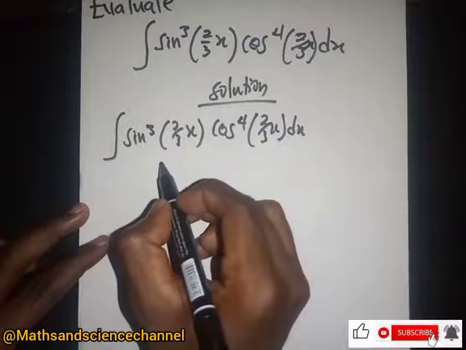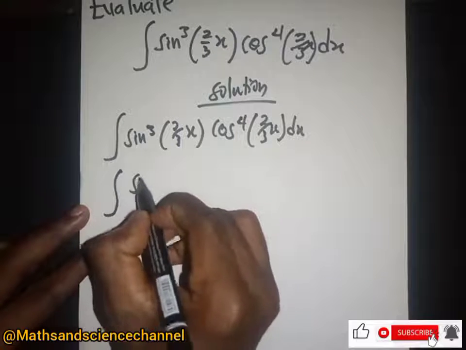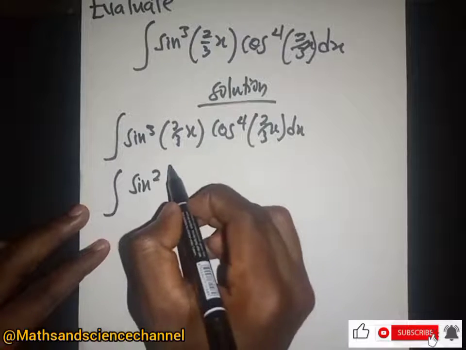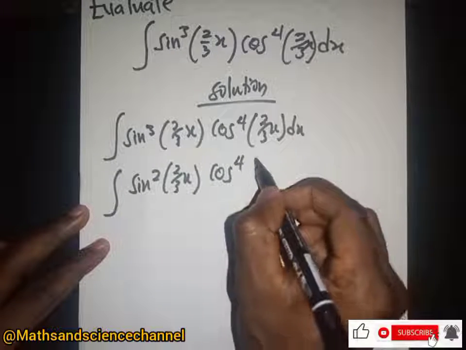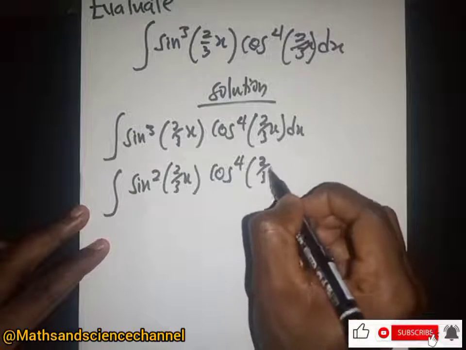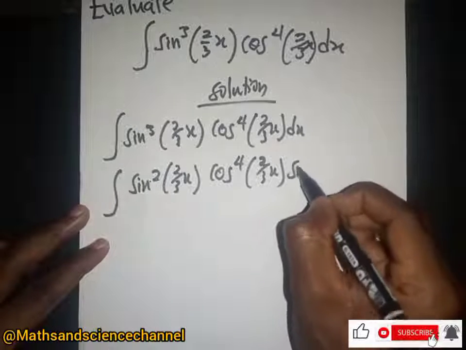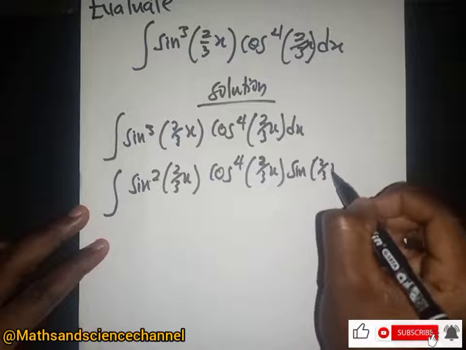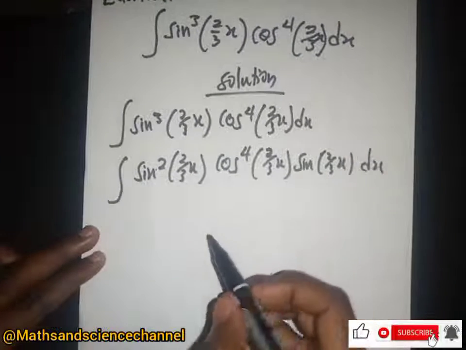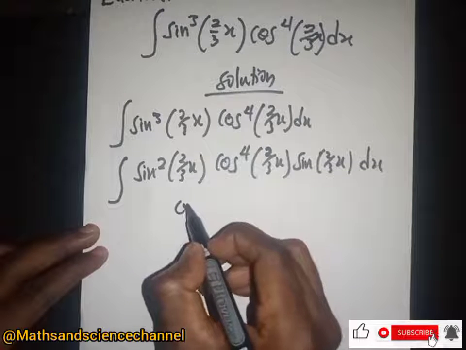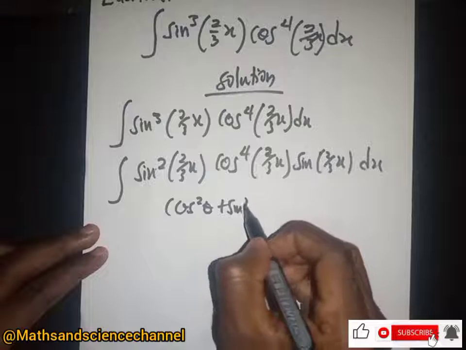When we strip one of the sines out, we are making the exponent sine squared of 2/3 x, then we still have cos to the power 4 of 2/3 x, then sine of 2/3 x, then dx.